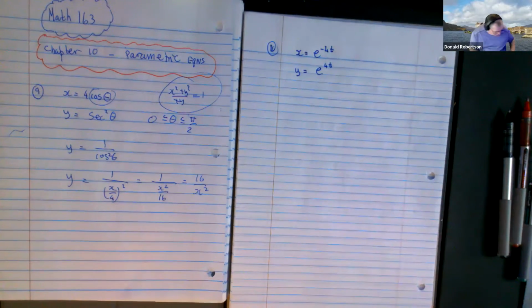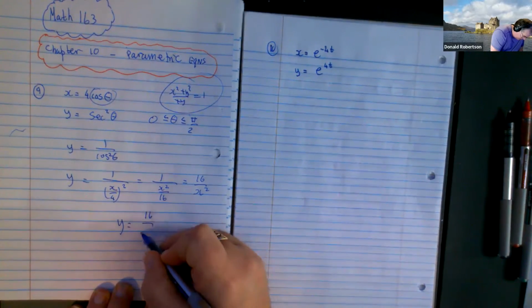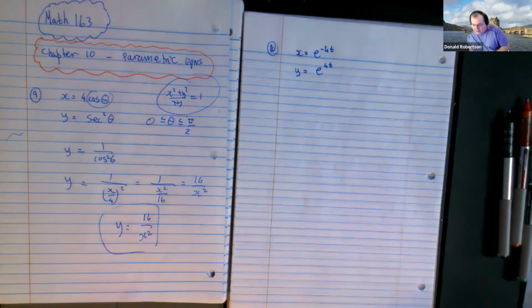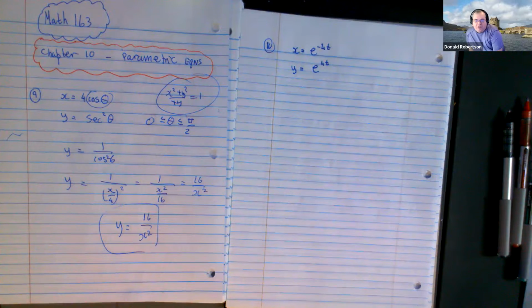And remember, our goal is, don't expect to get Y equals all the time, but get something like XY plus Y squared equals 4, right? As long as there's combinations of X's and Y's, you're finished. How do we remove the T this time? X is E to the negative 4T and Y equals E to the positive 4T.